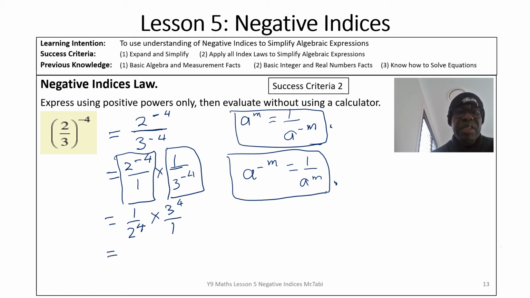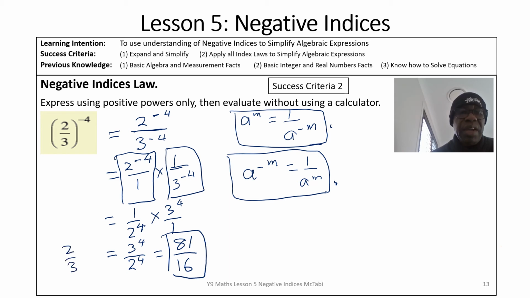And so this is equal to 3 to the power of 4 over 2 to the power of 4. 3 to the power of 4 is 81, and 2 to the power of 4 is 16. So that's your answer. So 2 over 3 all to the power negative 4 is 81 over 16.